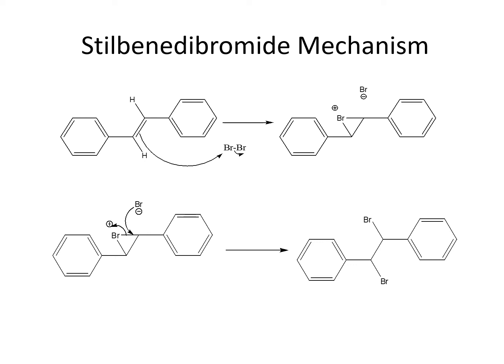which we call anti addition, and in either way, when it attacks from one side, to the right side or to the left side, in both cases we will have a trans product.